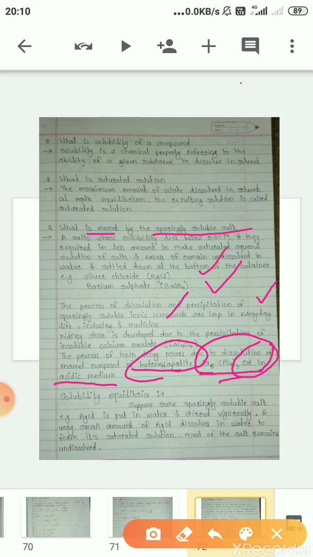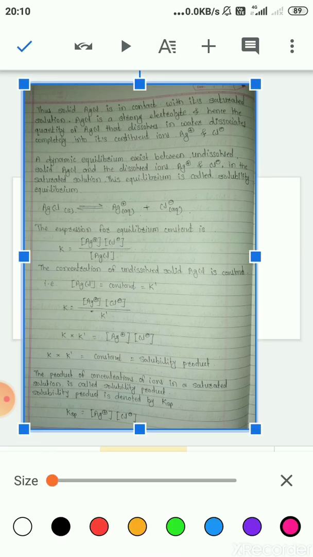Just recently we have seen some sparingly soluble salts. For example, silver chloride is kept in water and stirred vigorously. A very small amount of silver chloride dissolves in water to form its saturated solution, and most of the salt remains undissolved. That is, the solid AgCl is in contact with its saturated solution.